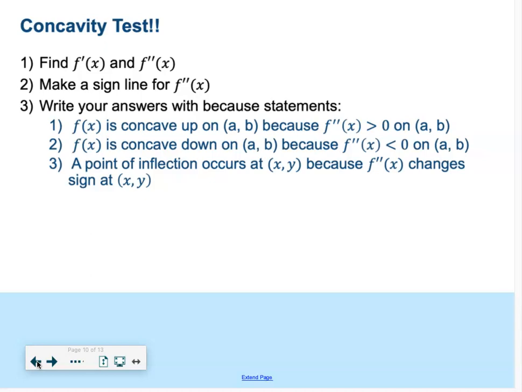By the time tomorrow is over, you will have learned and memorized 9 because statements. Just two more. Just two more.